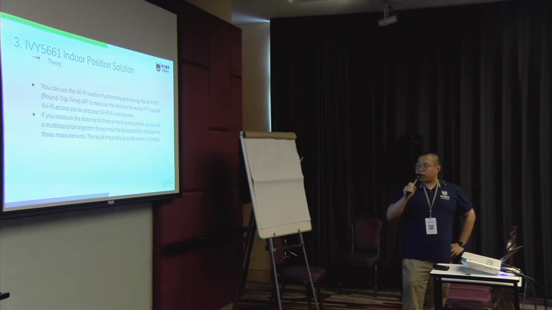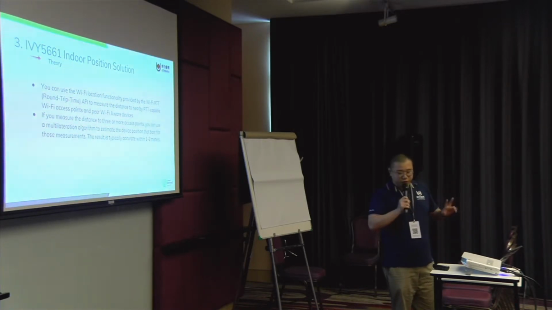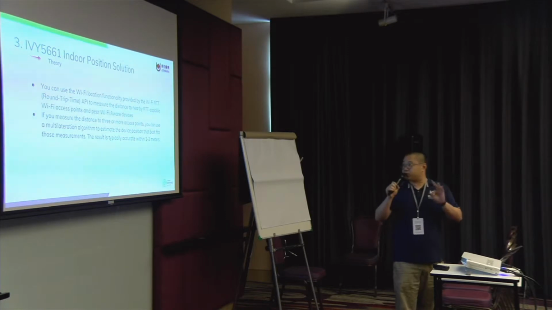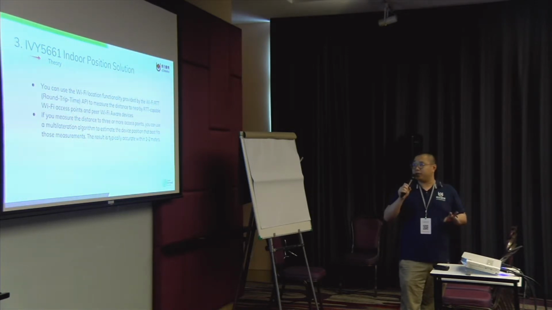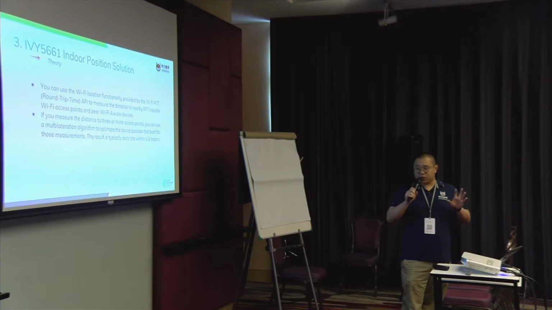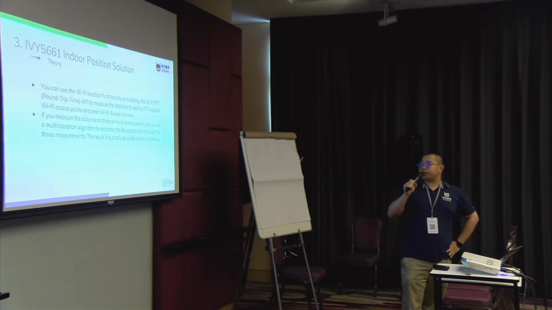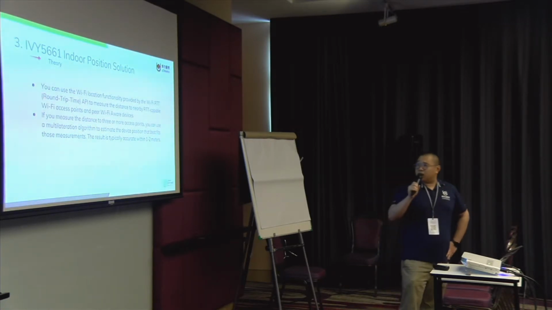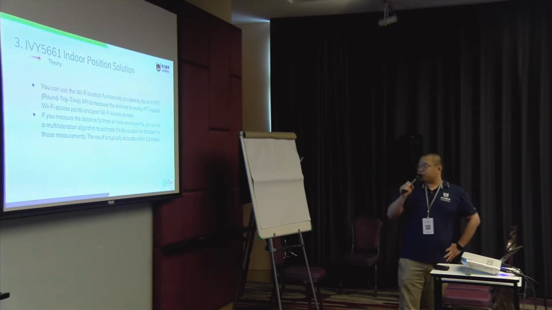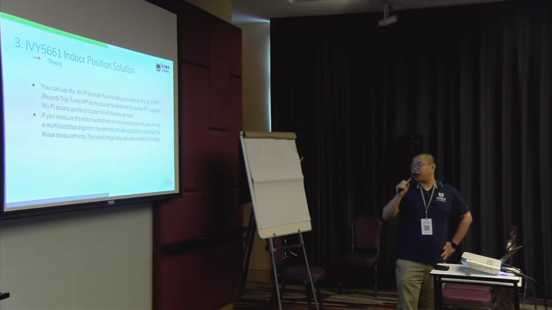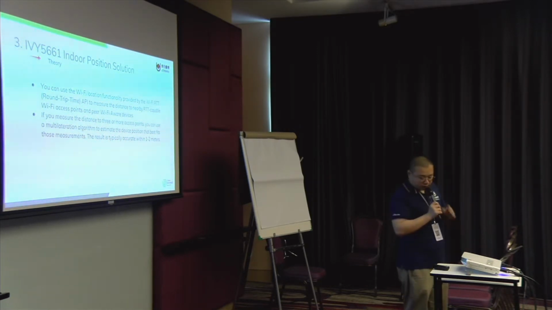In a two-dimension system, the surface, you need at least three access points to locate the right position of the station. So if you measure the distance to 3 or more access points, you can use a multi-iteration algorithm to estimate the device position. And we should notice that the result of the RTT protocol is typically accurate within 1 to 2 meters.